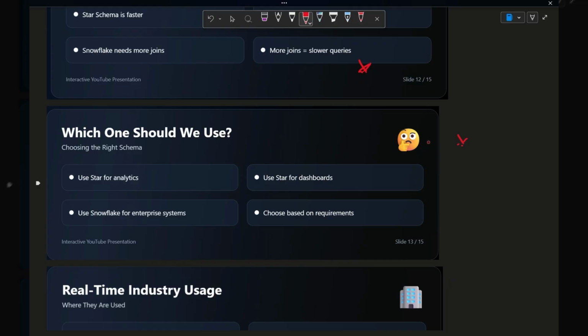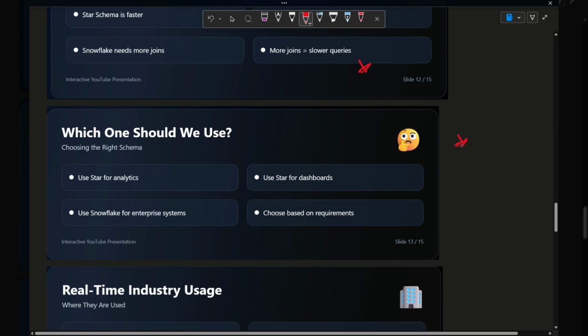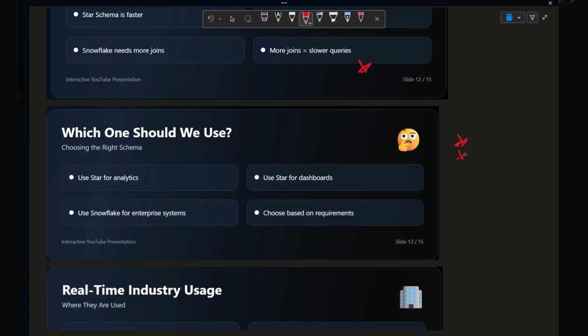If a filter or slicer is applied, the user won't stay for a long time. If our dashboard takes more time, even 1 or 2 seconds, it is too much in the case of analytics. So for analytics, obviously we should go for star schema, and for dashboard purposes also we should go for star schema.